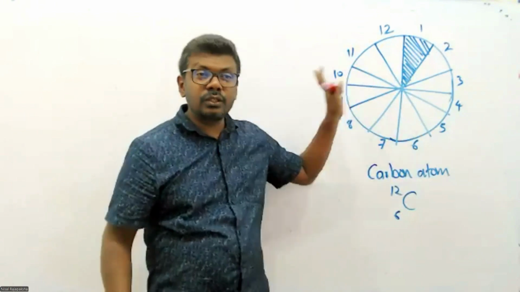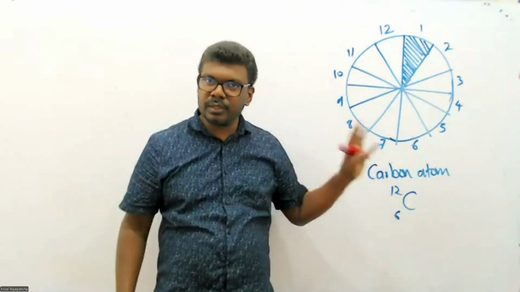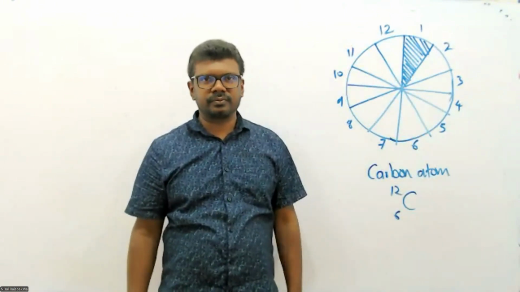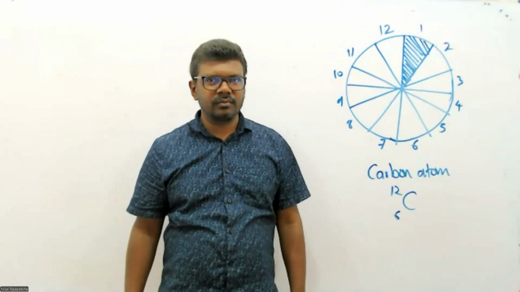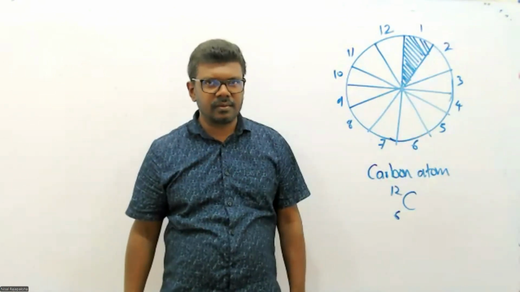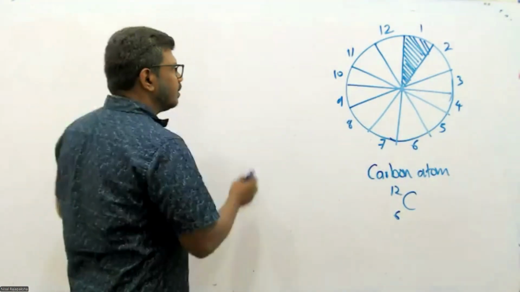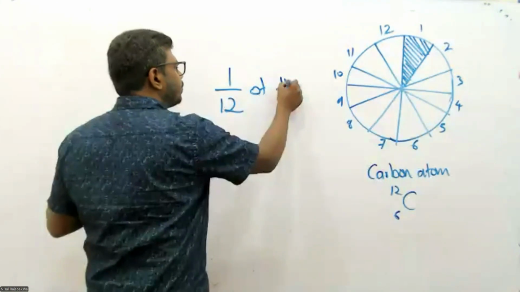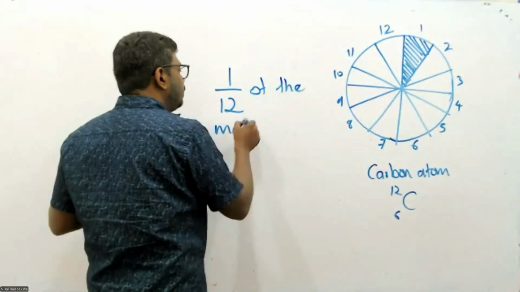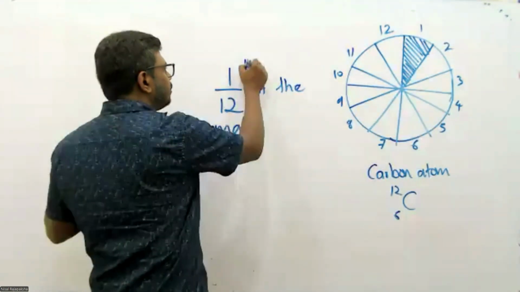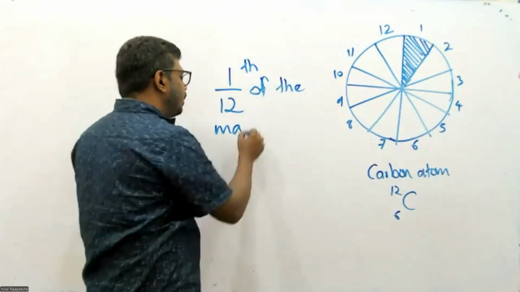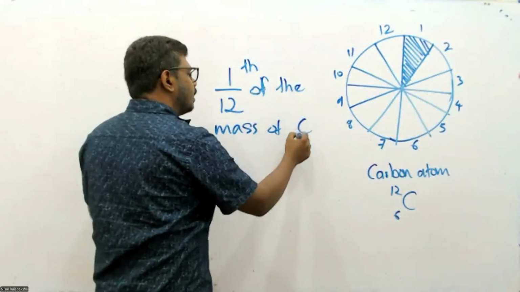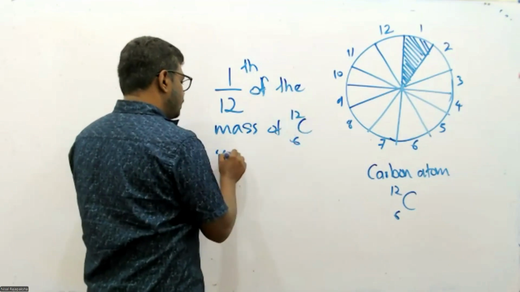What is the unit that they have selected to measure the mass of an atom? This is the unit: 1 divided by 12 of the mass of the carbon-12 isotope.